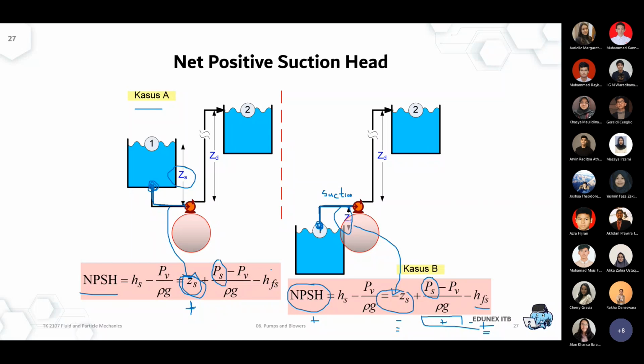Okay, so of course you don't want your pipe to be too long. You want your pipe to be sufficient, not too long, because if it's too long, then your HFS will be very high. Okay, and then how about the suction pressure?